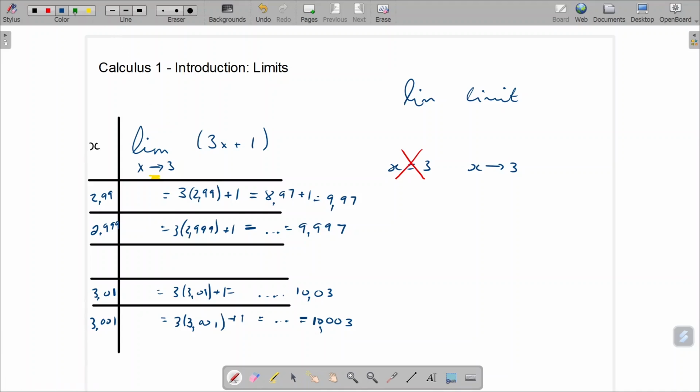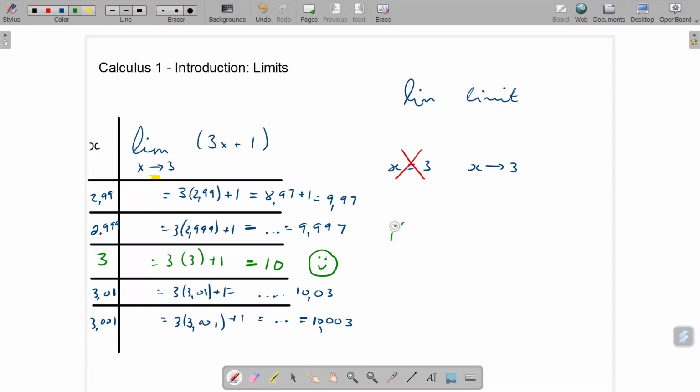Now, what you'll notice is that these values are pretty close to 10. And so you might have a feeling that if I was to make x equal to 3, all I would need to do is say 3 times 3 plus 1 equals 10, and there would be no problem. In fact, limits obey that concept exactly. If there is no problem, simply substitute.